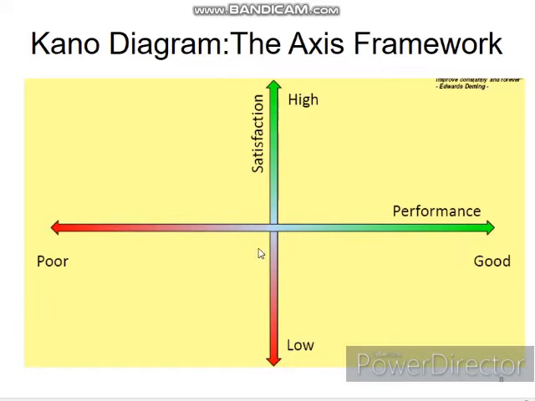So this is the basic Kano diagram axis framework. Satisfaction is from the customer's point of view, and performance reflects the performance of your product.